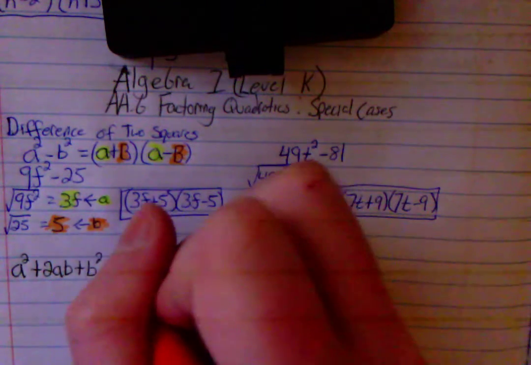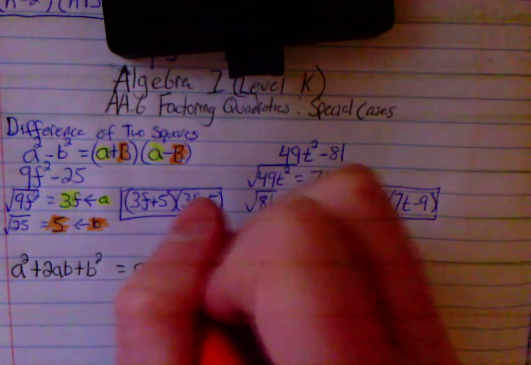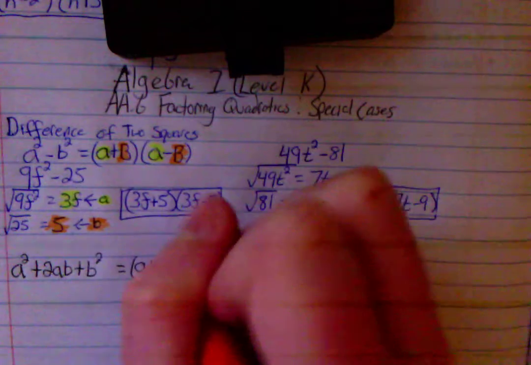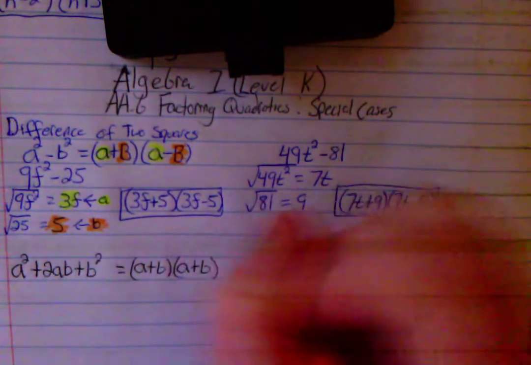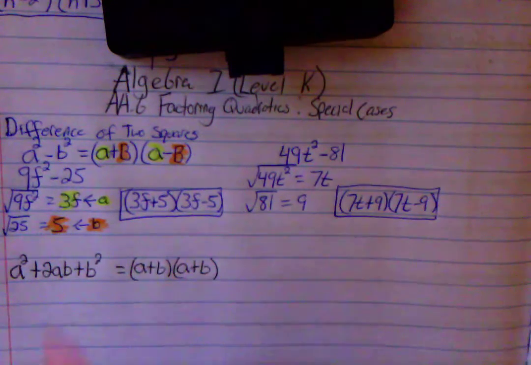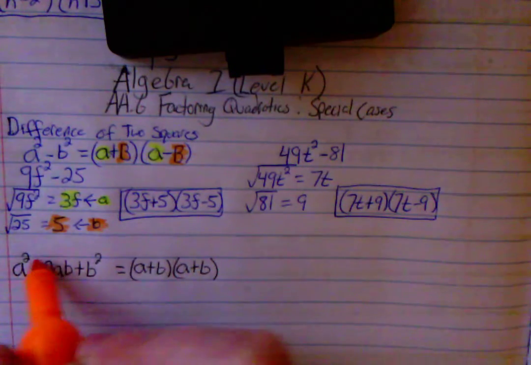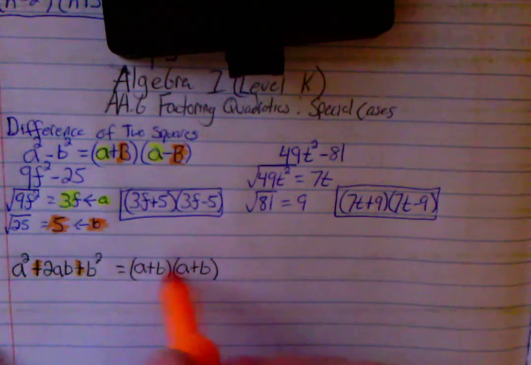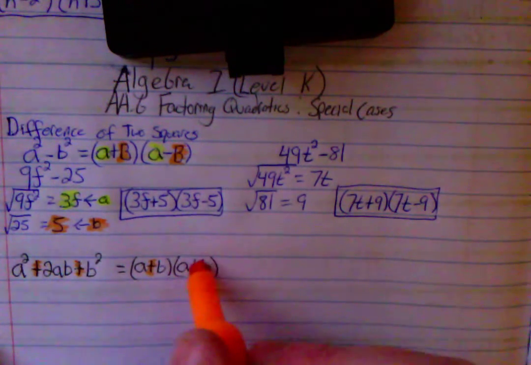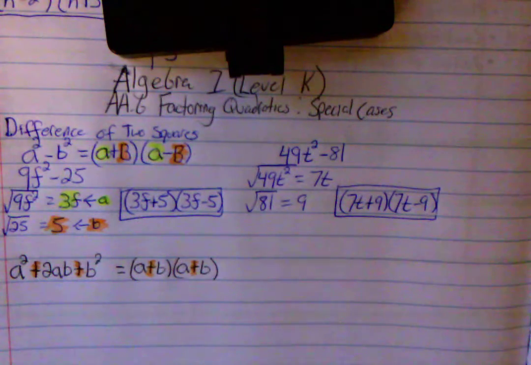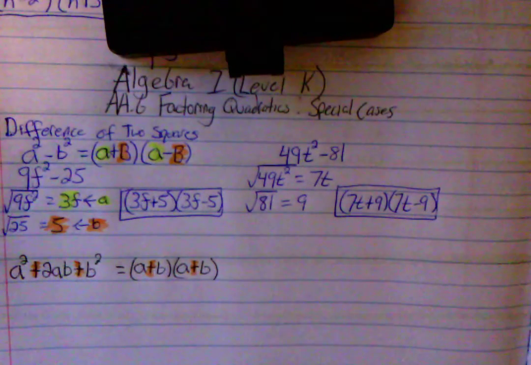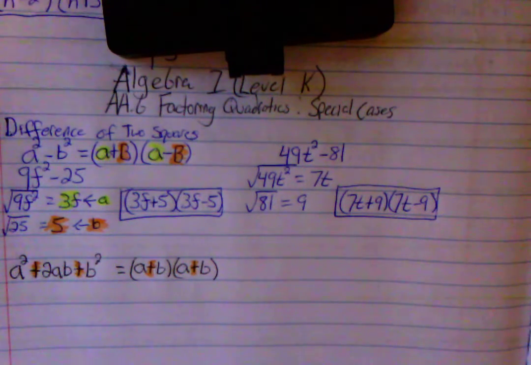I know my answer has to be something like a plus b times a plus b. I have plus signs here, so I must have plus signs. Why? When I multiply, a positive times a positive is a positive. Therefore, the signs inside the parentheses must be positive.